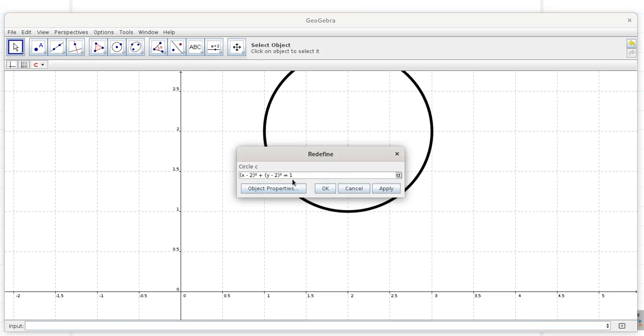And if I say x minus 1 now and y minus 2, the center will be above x equals 1 and beside y equals 2.